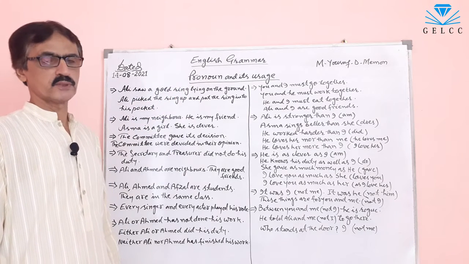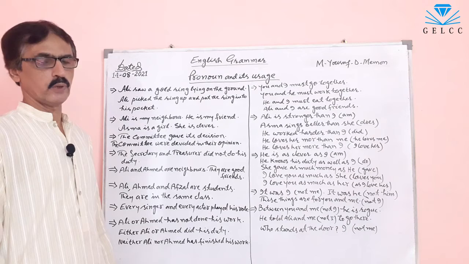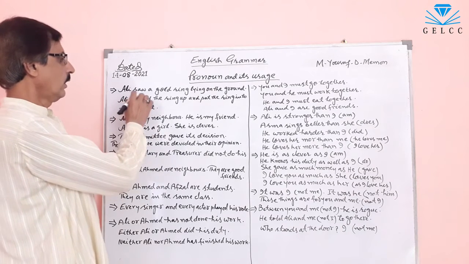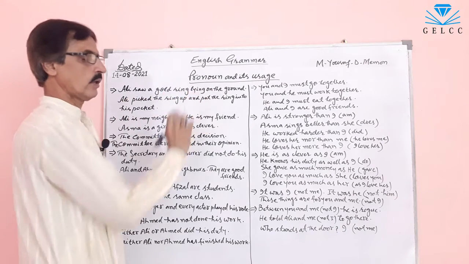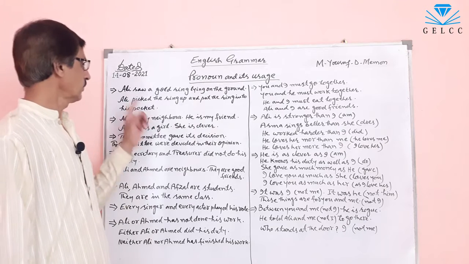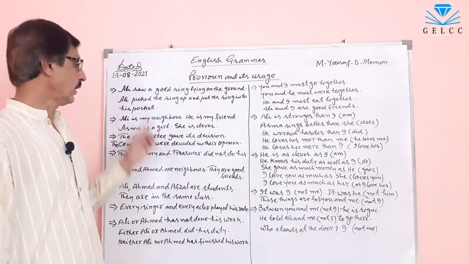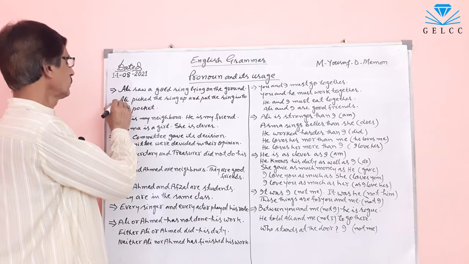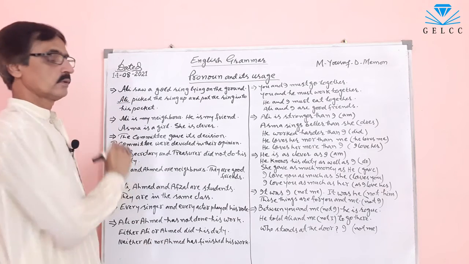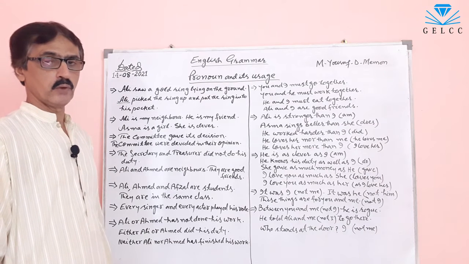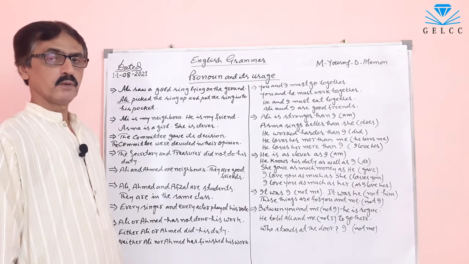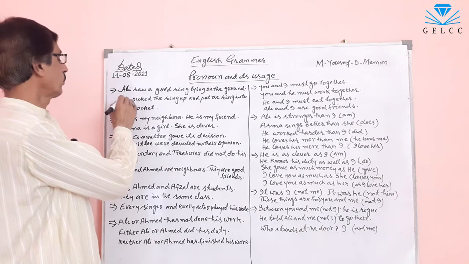Pronoun. Pro means for. Noun. Pronoun, for noun. In the first sentence, there is a mention of Ali and ring. But now, we will not use Ali, noun. Instead of noun, we will use pronoun.